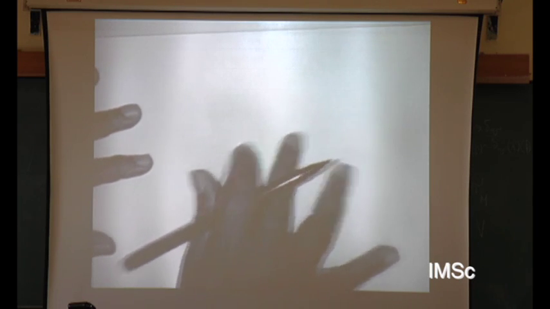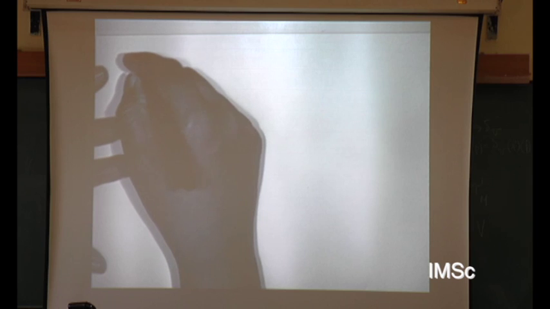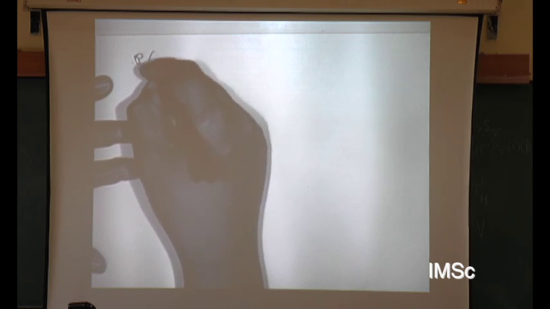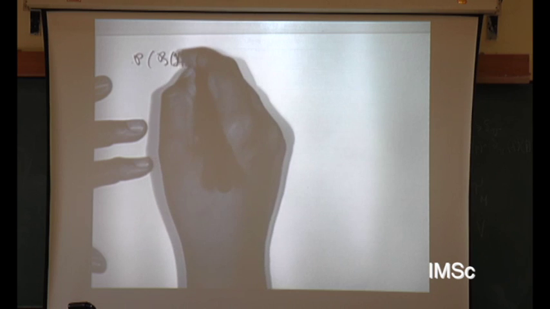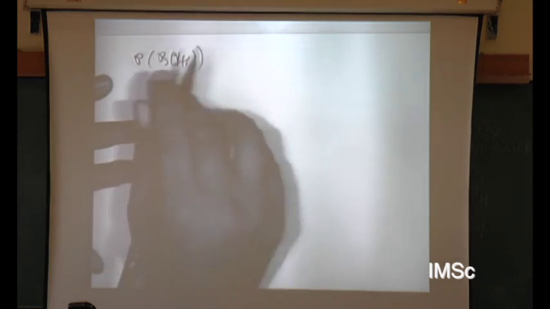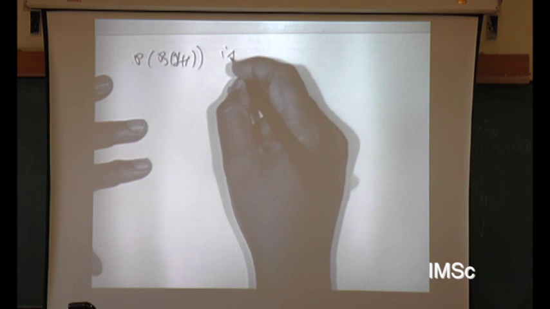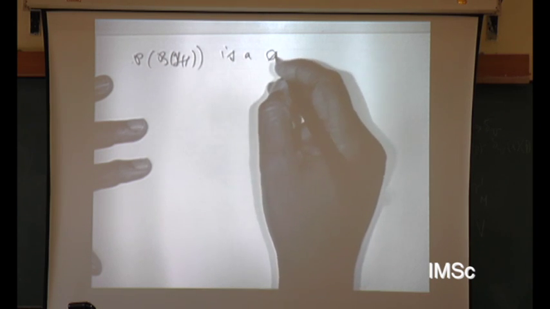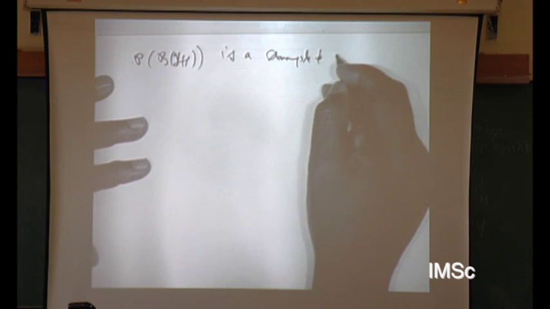Okay, so I want to observe that P of B of H, that is the collection of all projections, I want to say is a complete lattice.